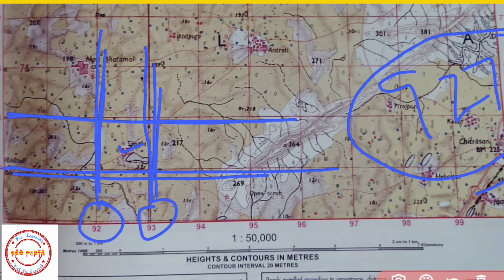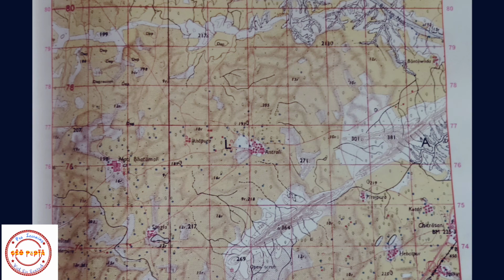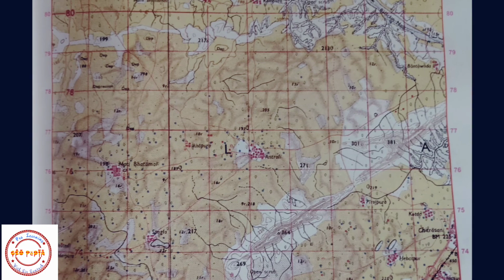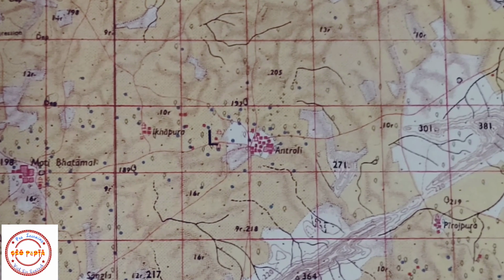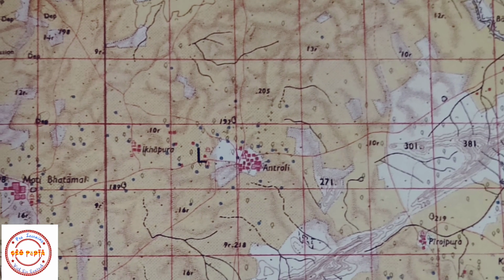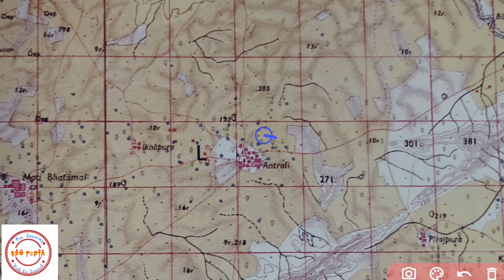In this way you can find the 4-figure grid reference of any point on the map. So students, let us find the 4-figure grid reference of one more village from the map. Let us find the 4-figure grid reference of Antroli village. Here you can see we have Antroli village.